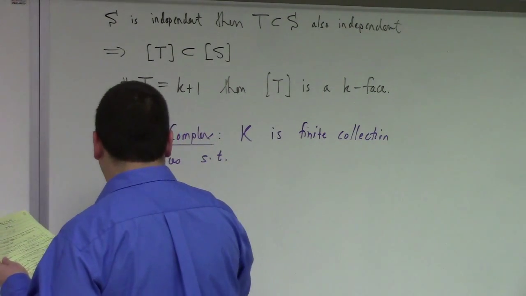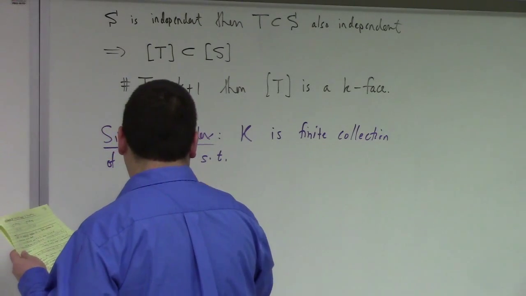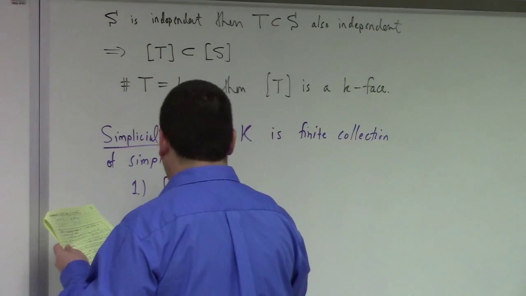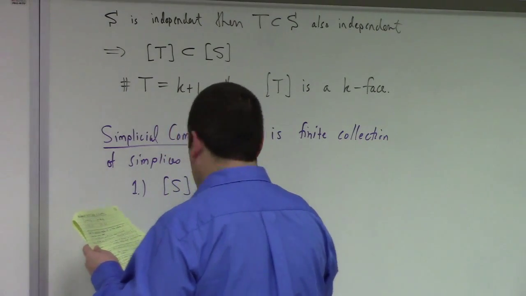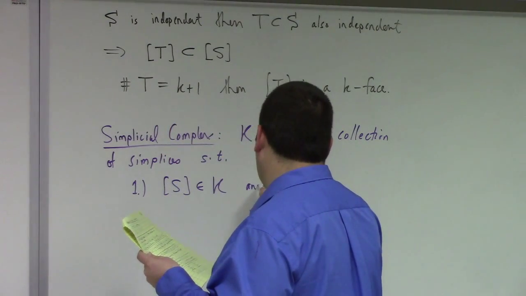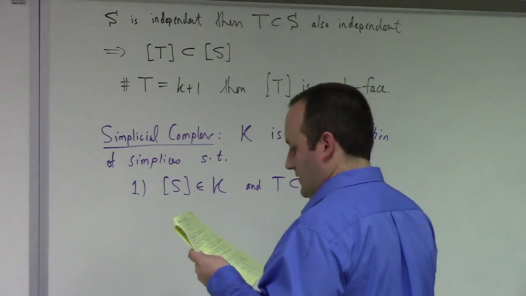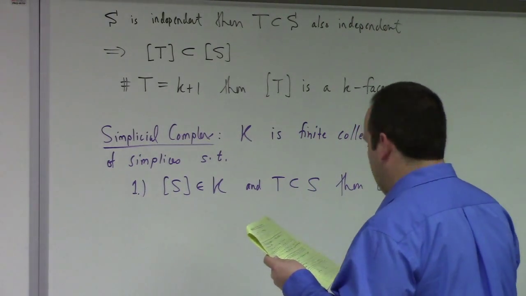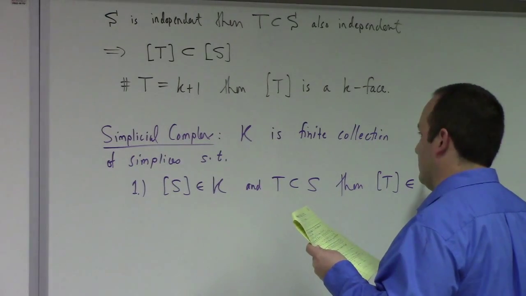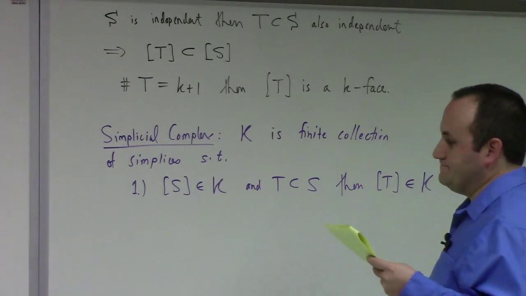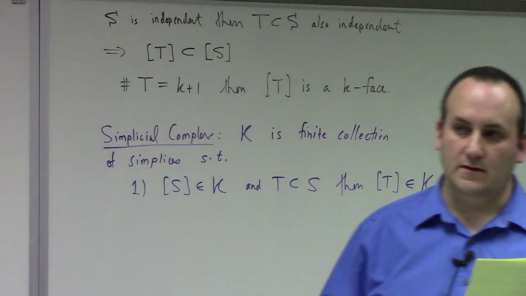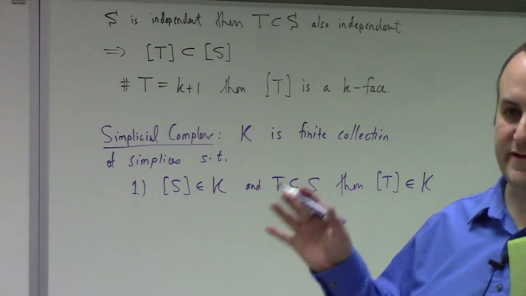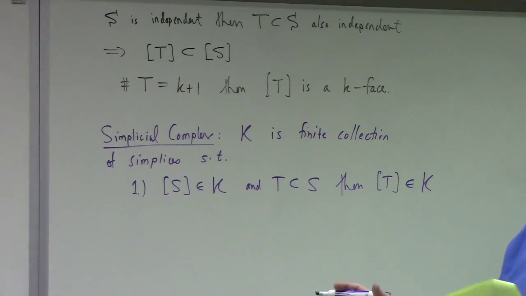One, if you have a simplex S, generated by S, the convex hull of S, which is a simplex, is an element of this K, and if you have T as a subset of S, then the face generated by T is likewise an element of the simplicial complex. In other words, if the simplex is in the simplicial complex, then so are all of its faces.